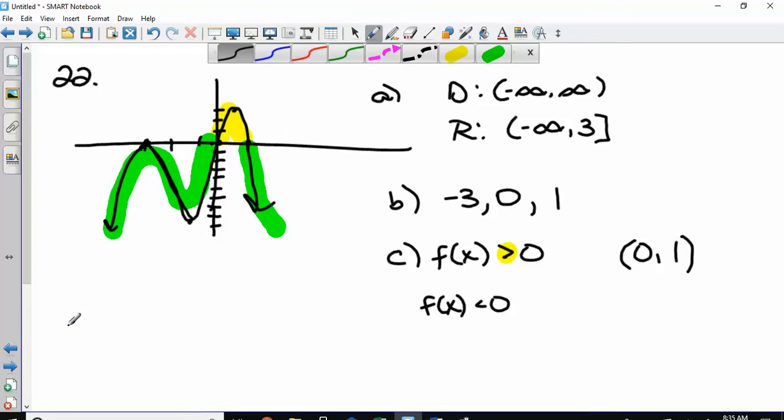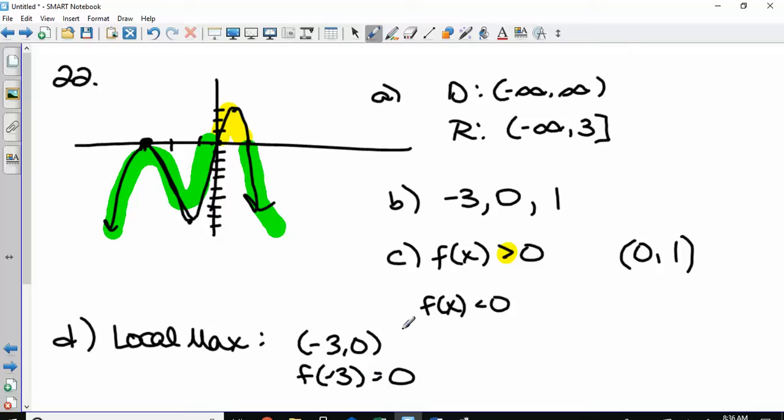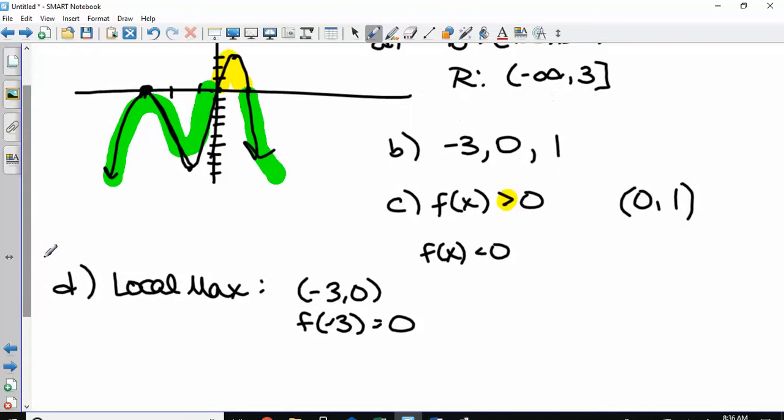Okay. Maximums and minimums. Right here, if a point is higher than the ones around it, that is a local max. It's not the highest on my entire graph, so it's not the absolute. You can list those different ways. You could give me the ordered pair, so you could say that's -3, 0. You could write it in function notation, f of -3 equals 0. Either one of those mean the same thing. Do we have any other maximums? This one is the highest on the entire graph.